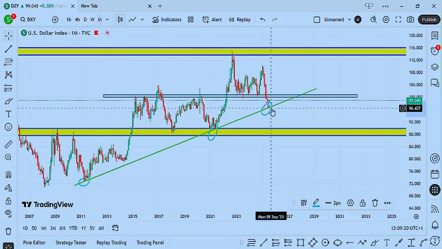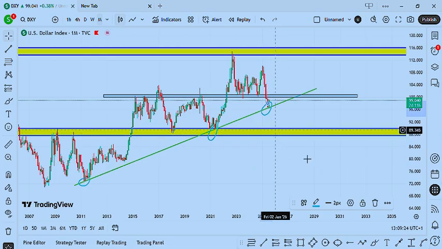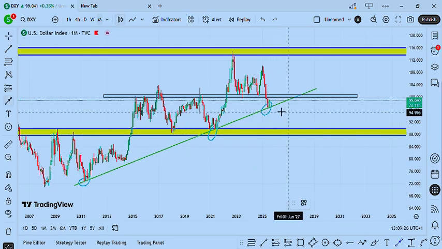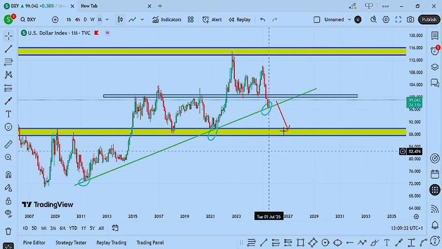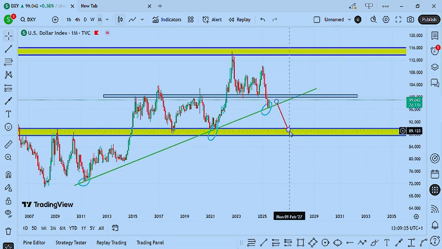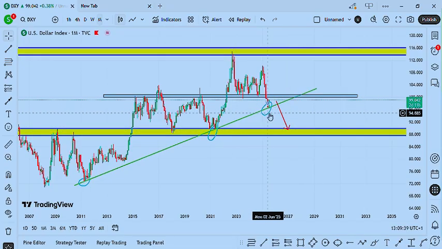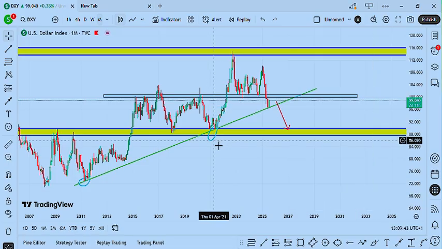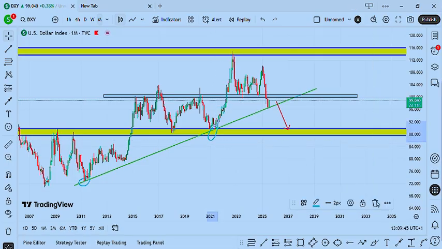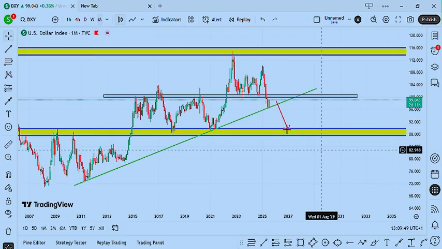But if it fails to hold, that means we might see further decline of the DXY into this institutional support level of $90. That is if this third touch of the trend line did not hold. But if it holds, that means this bullish momentum is still going to continue.